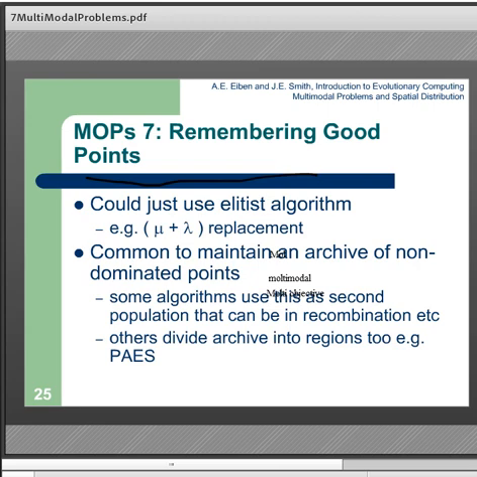It is an exam question, for example. Can you tell me two types of EA where we don't have one solution? We have a collection of solutions or more than one solution.